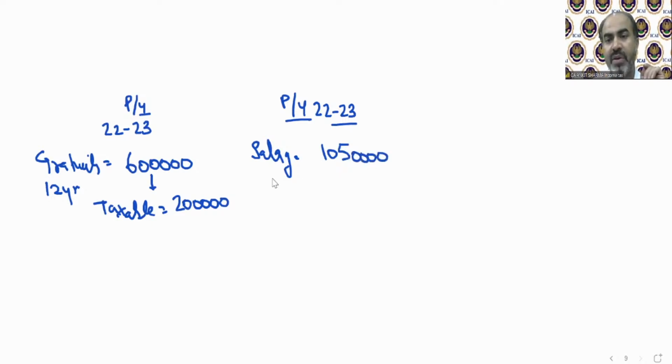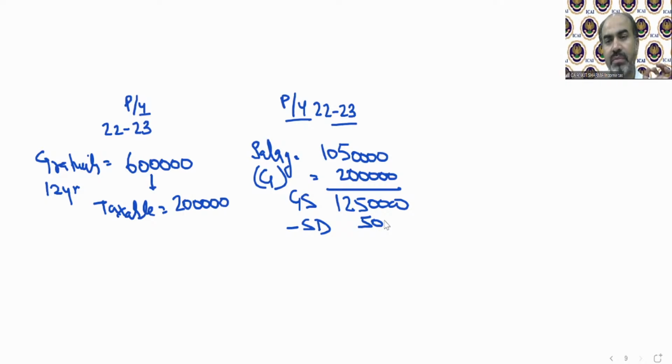Gratuity taxable value as per the provision is 2 lakh. Gross salary is 12 lakh 50,000, and the standard deduction is 50,000. Assume this is our total income, with no other deductions. That is 12 lakh rupees.